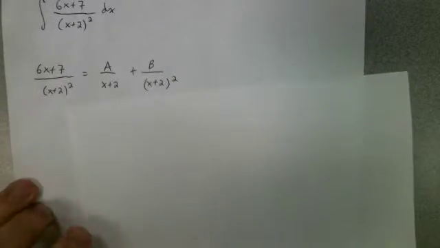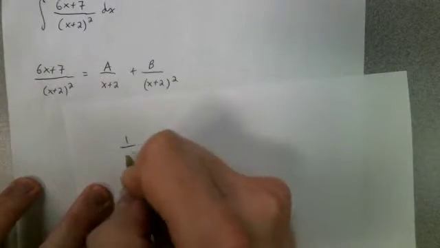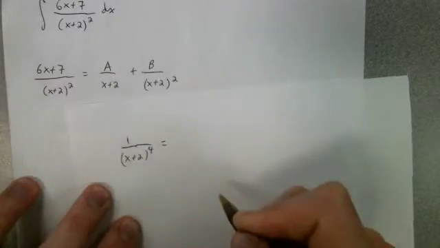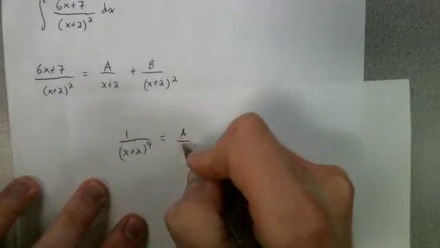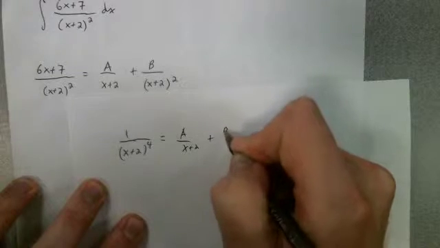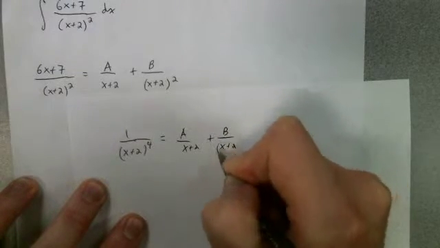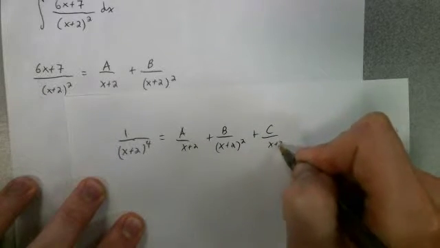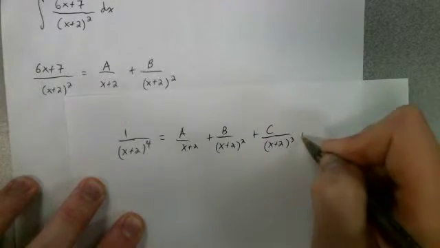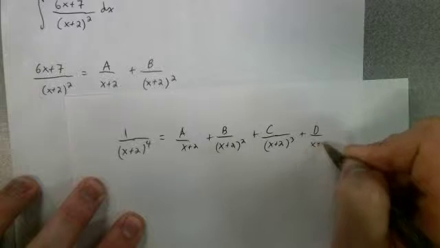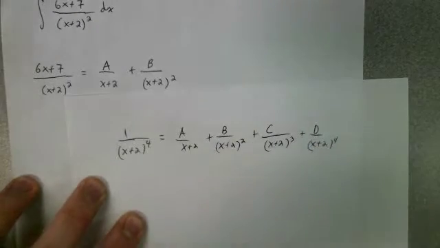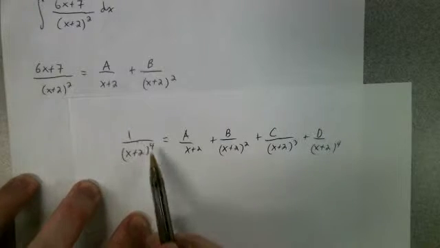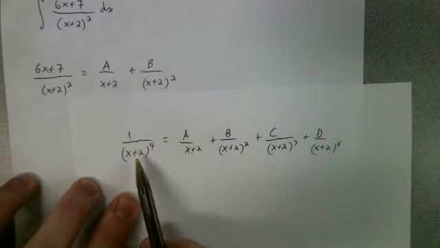So on a different problem, if you had something like 1 over (x + 2) to the fourth, you would guess that that looks like A over (x + 2) plus B over (x + 2) squared plus C over (x + 2) cubed plus D over (x + 2) to the fourth. So that's what your guess would need to look like if you had a factor repeated 4 times.